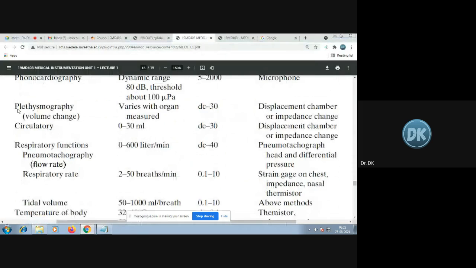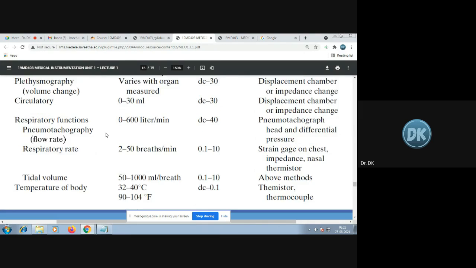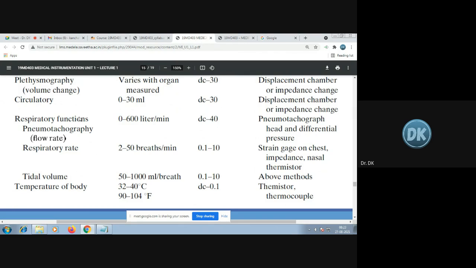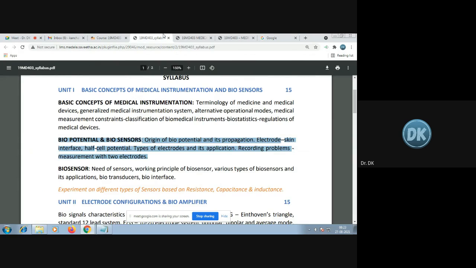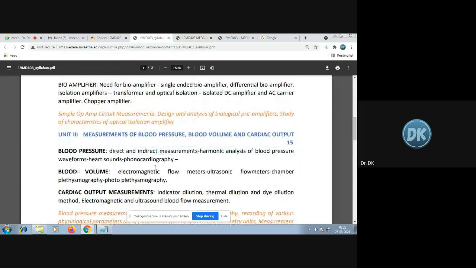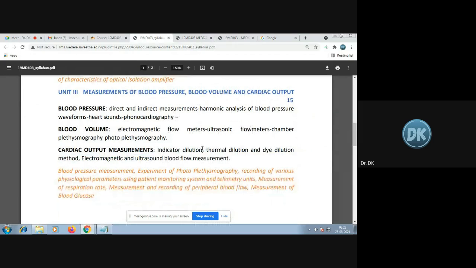And the next one is plethysmography. Plethysmography is to measure the volume change. We use different electrodes for measuring the volume changes in the lungs and also in the blood vessels. This thing we'll be studying in your third unit. There is a separate topic called plethysmography and photoplethysmography.